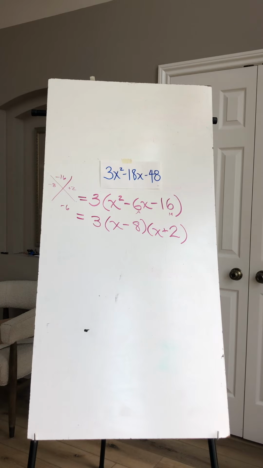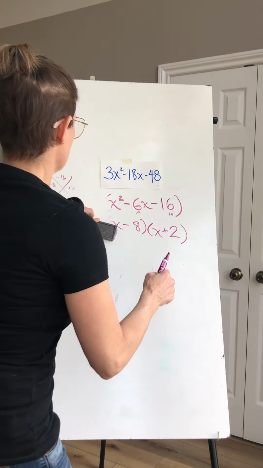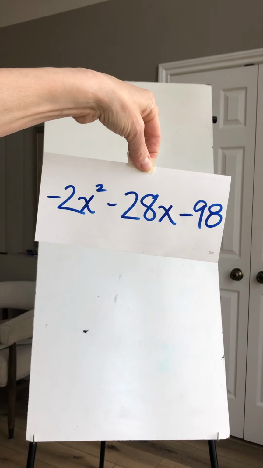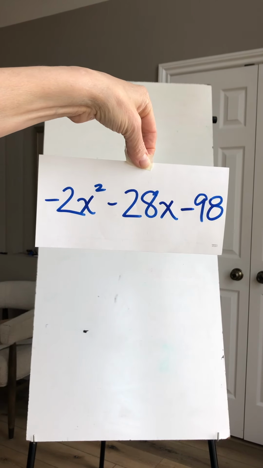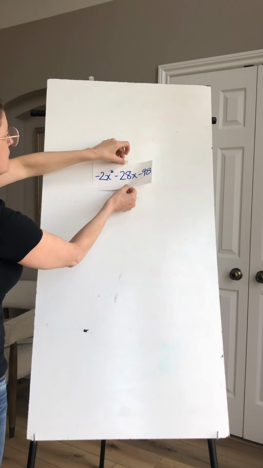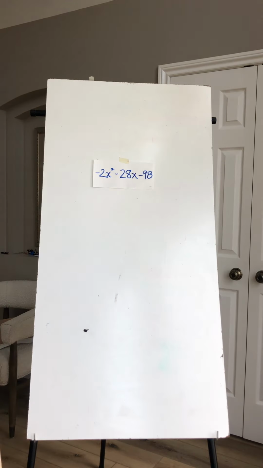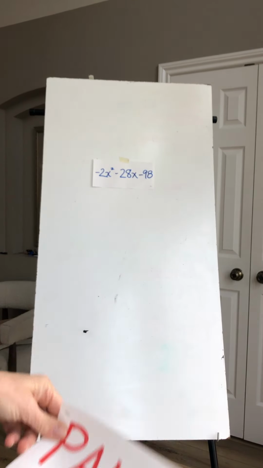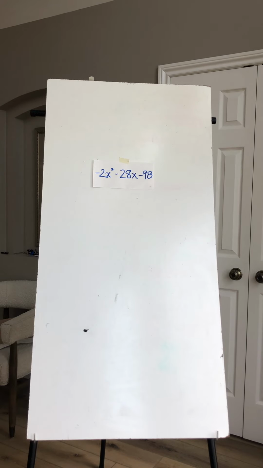So the next one, as I erase this, moving on, and I'm going to try and do it in increasing orders of difficulty. Negative 2x squared minus 28x minus 98. Again, this is the time. Pause. Write it down. Think about it. Give it a try.